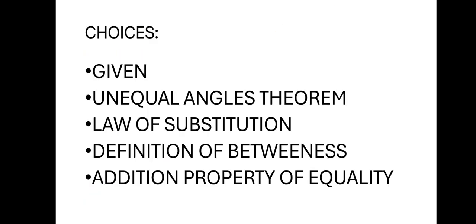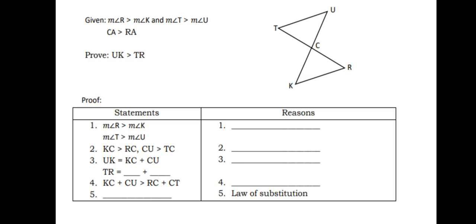These are your choices: given, unequal angles theorem, law of substitution, definition of betweenness, and addition property of equality. For number 1, you already have your clue here. Then for number 2, we have KC is greater than RC. Where did it come from?